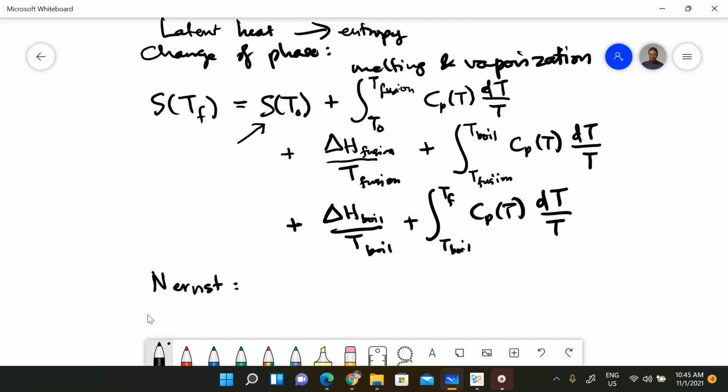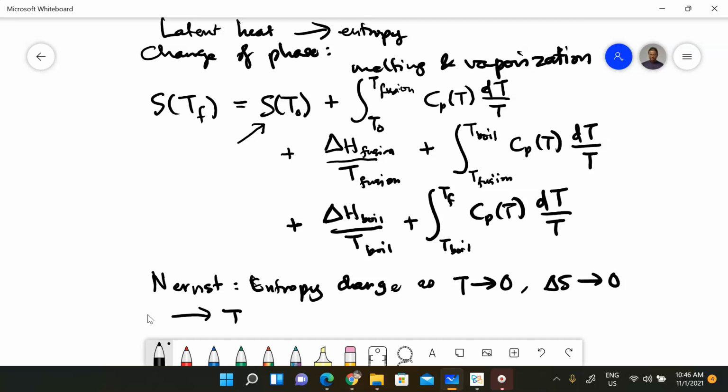Oh yeah, okay. So essentially, as temperature goes to absolute zero, the entropy change will also go to zero. This lays out the equivalent of the third law of thermodynamics.